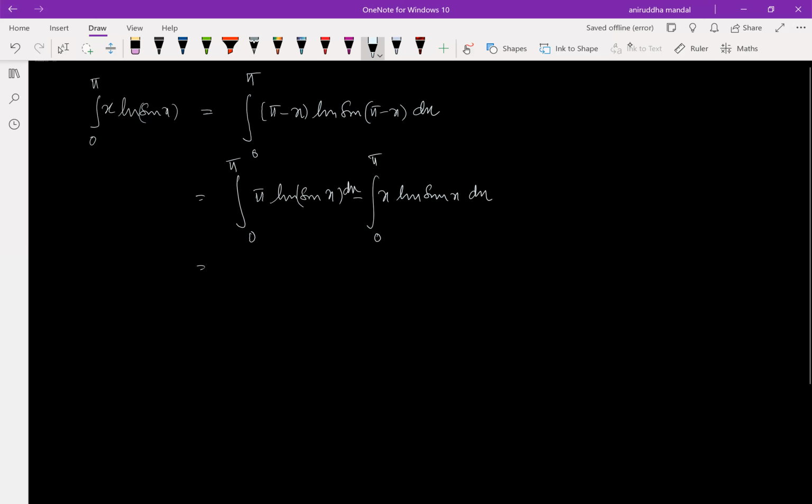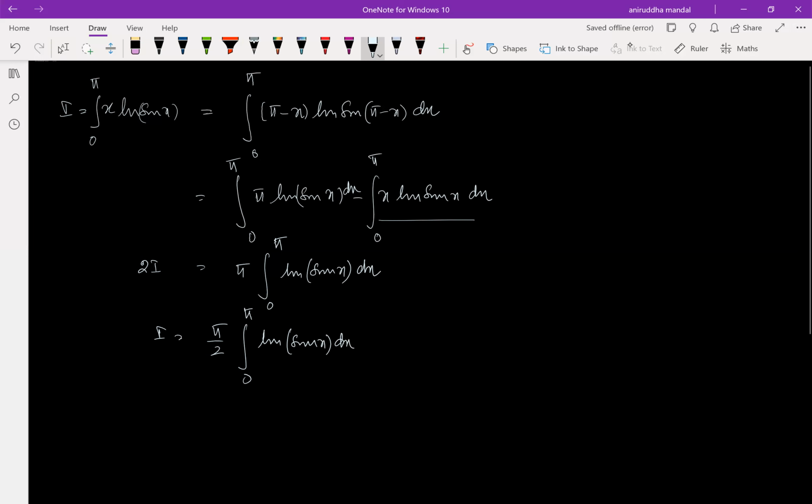So this is I, and this is also I. So this is 2I, taking this I to the left hand side. So this is pi, 0 to pi log sine x. So I is pi by 2, 0 to pi log sine x dx.